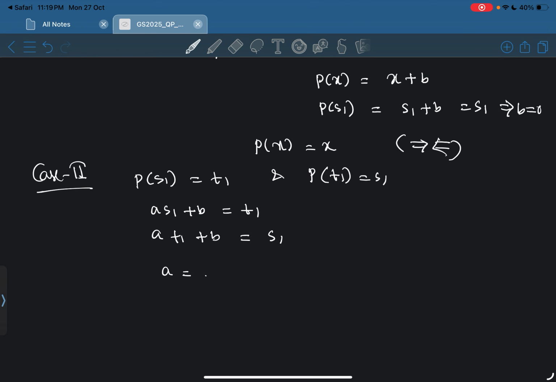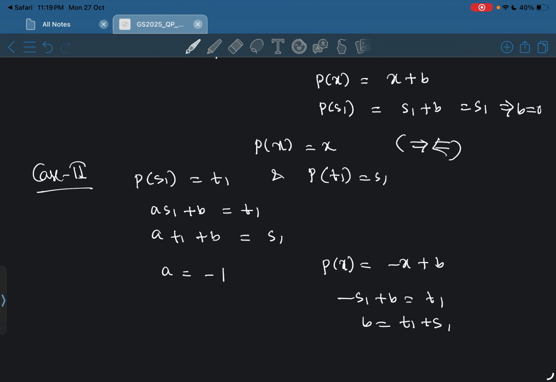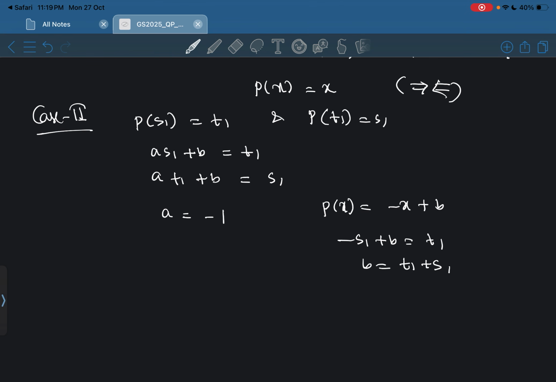So from here a equals minus 1, right? Again, because a times (s1 minus t1) equals t1 minus s1. So from here a equals minus 1. Then P(x) equals minus x plus b. So minus s1 plus b equals t1, so b equals t1 plus s1. So P(x) equals minus x plus t1 plus s1.